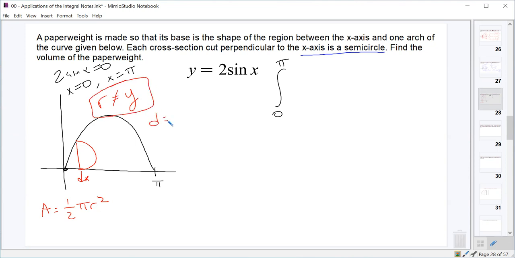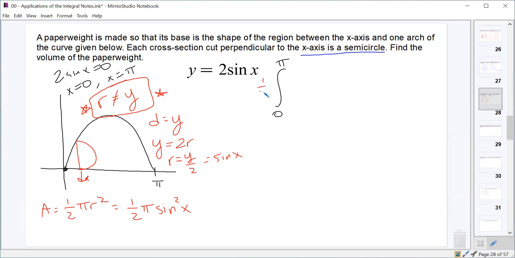Our diameter of our semicircle is equal to y, which means that y is equal to 2r, or r is equal to y over 2, which in this case is 2 sine x over 2, or just sine x. So r is sine x. So our area just ends up being 1/2 pi sine squared x. So this here is a very common mistake on semicircles. So make sure you don't make that mistake.